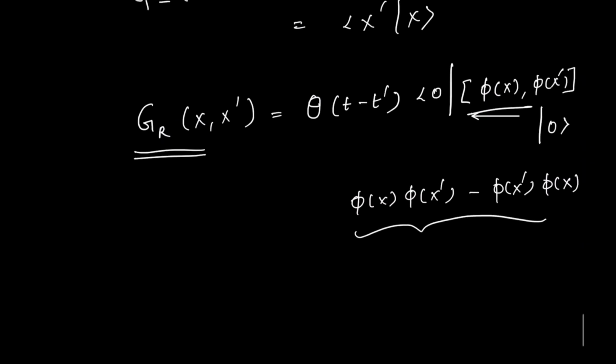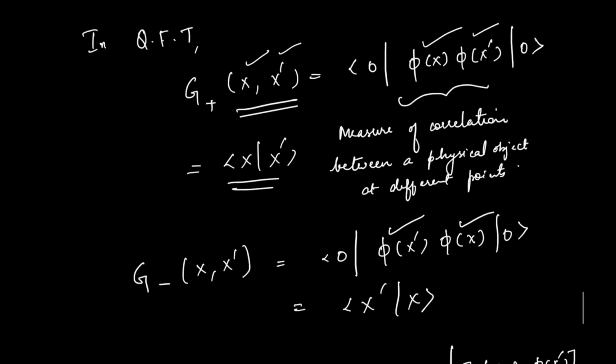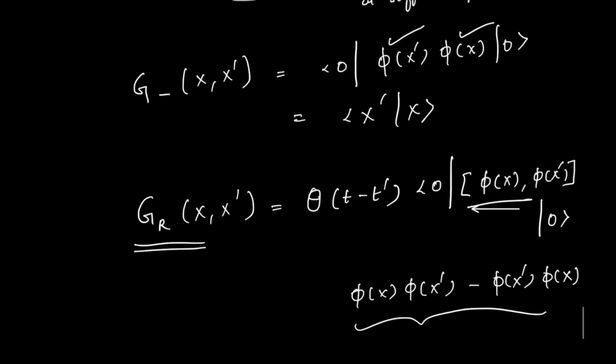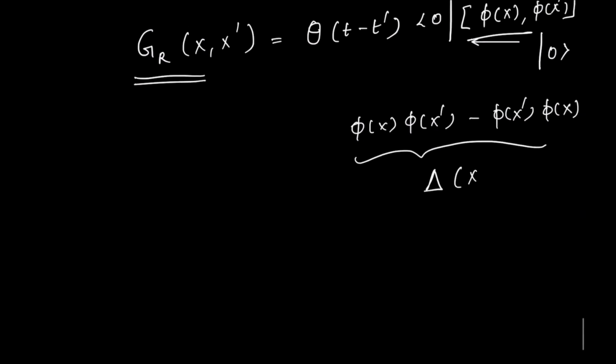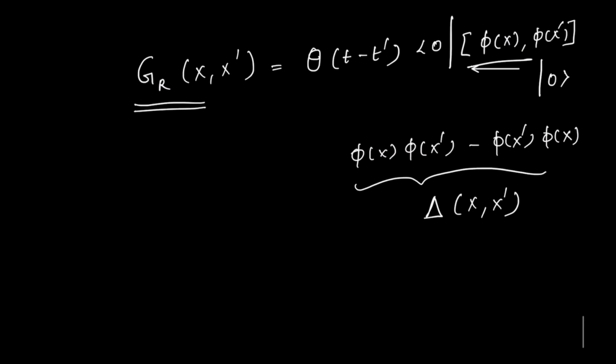So this is something like subtracting G plus and G minus. So this quantity I can also represent as delta of x, x prime. So the commutator expectation can also be written as a delta function.